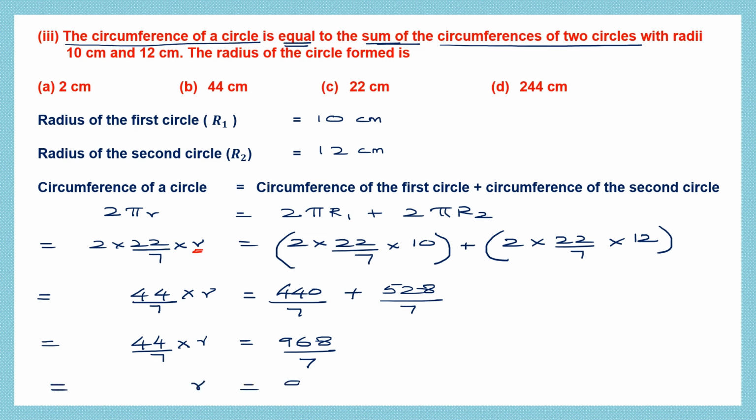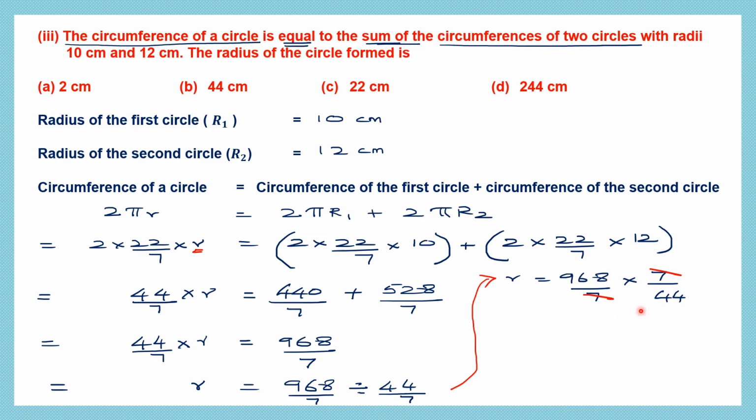Now we can find the value of r. 44 by 7 into r is equal to 968 by 7. Now we're going to transpose this 44 by 7 to the other side. When you transpose, it becomes divided by 44 by 7. Now r is equal to 968 by 7 into 7 by 44. Here what can we cancel? We can cancel this 7 and 7.